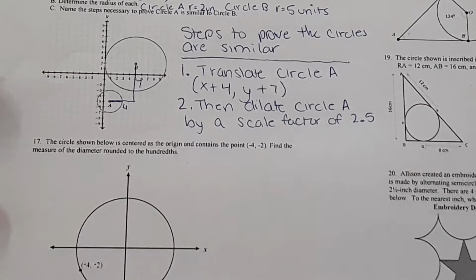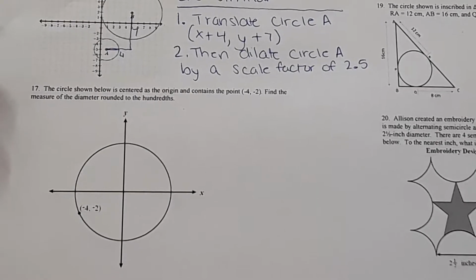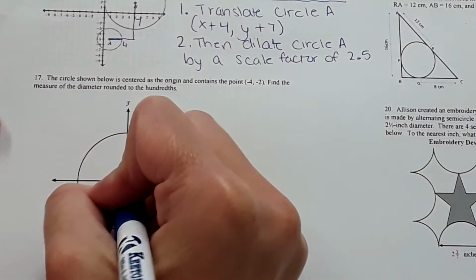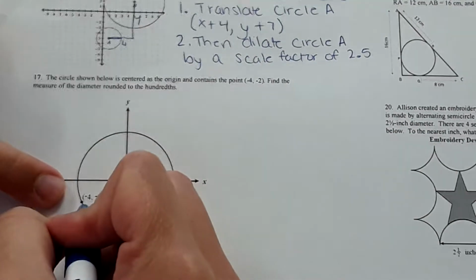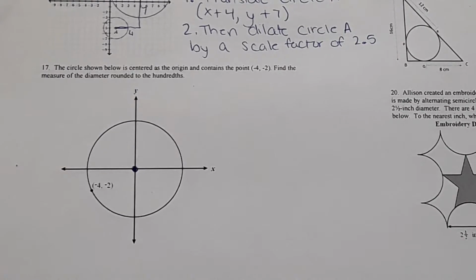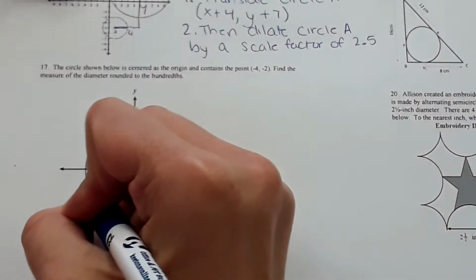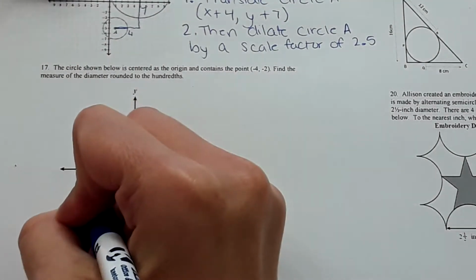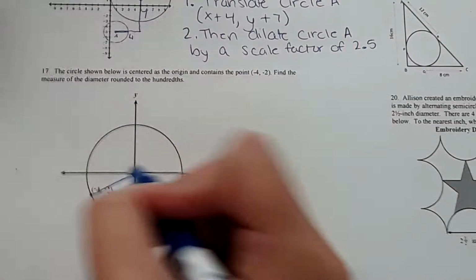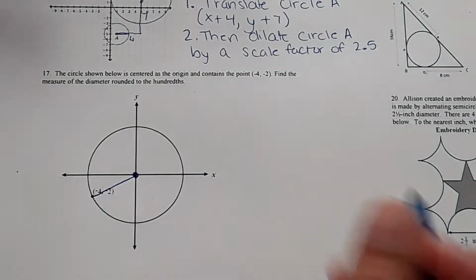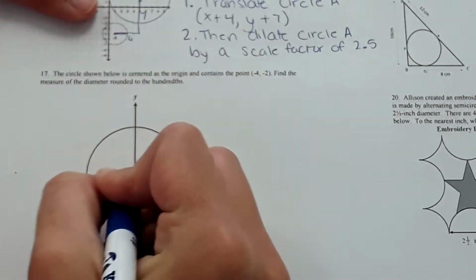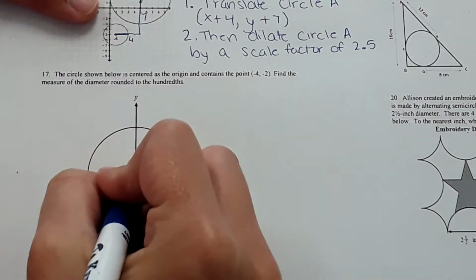Okay, and then number 17. The circle shown below is centered at the origin, so this is the center here. It contains this point. Find the measure of the diameter rounded to the nearest hundredths. Well, if we find the radius, this distance from the center to the point, we could double that to find the diameter. How do we find that distance? We could use distance formula, but honestly, I usually prefer the Pythagorean theorem. So I'm drawing that right triangle.